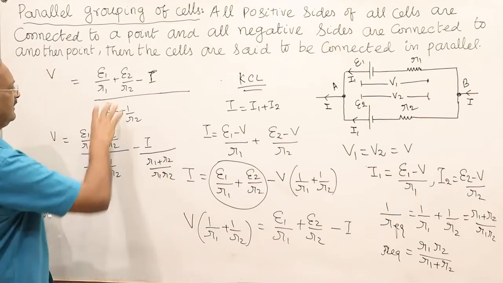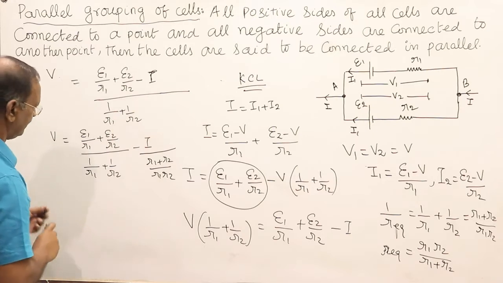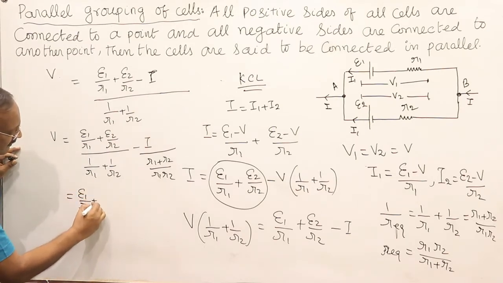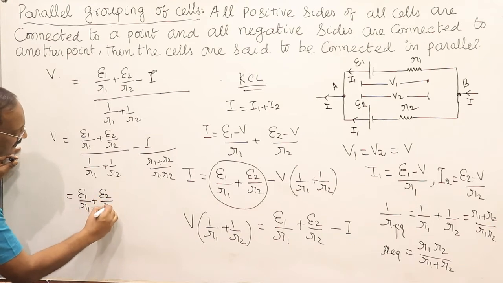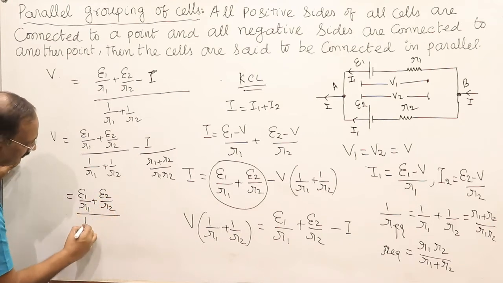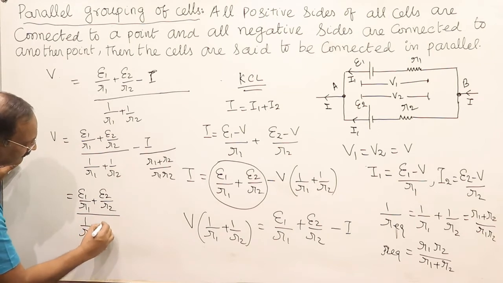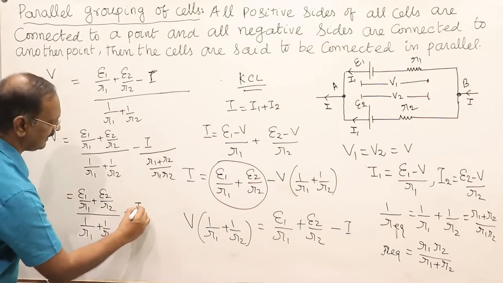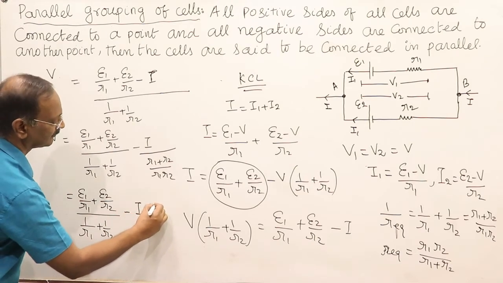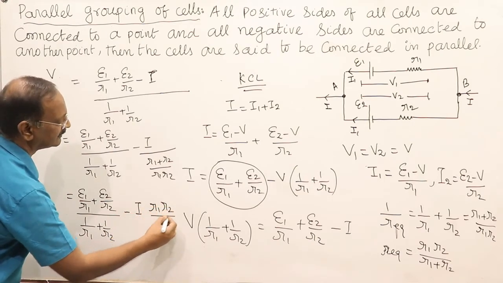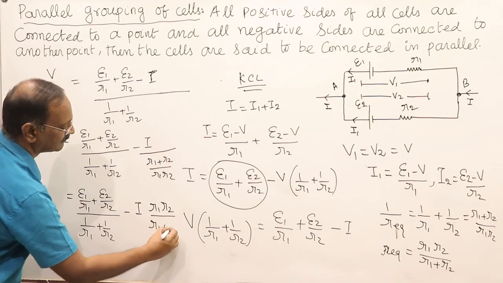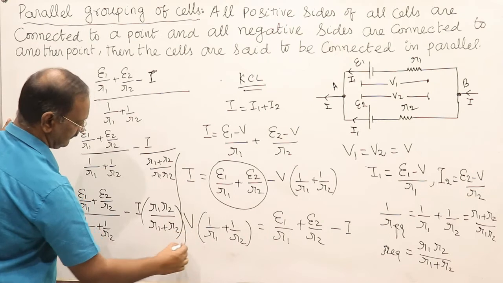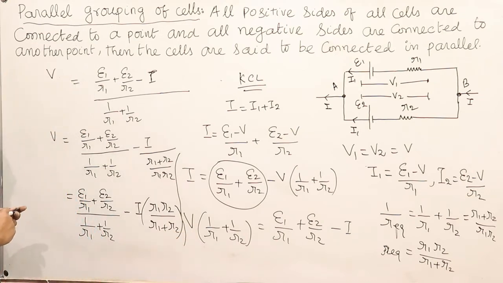Because we are dividing, we separate the terms, which gives V is equal to E1 by R1 plus E2 by R2 divided by 1 by R1 plus 1 by R2, minus I into R1 R2 divided by R1 plus R2. So we got this generalized equation.